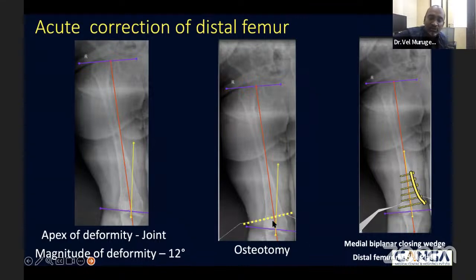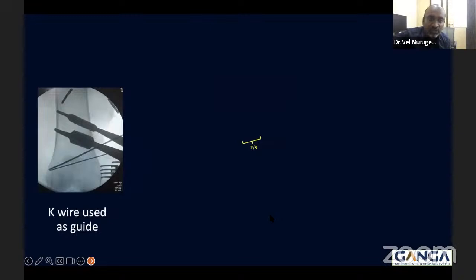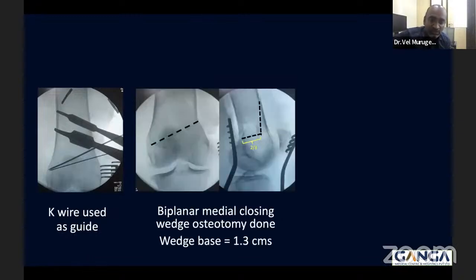We did a closing wedge, oblique plane, biplanar osteotomy, where initially K-wires were used as a guide. From the preoperative planning, we know that the base of the wedge must be 1.3 centimeters.